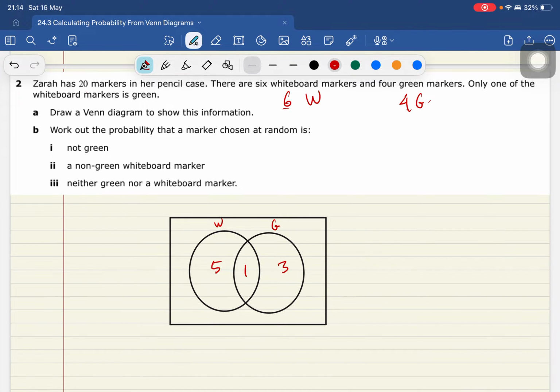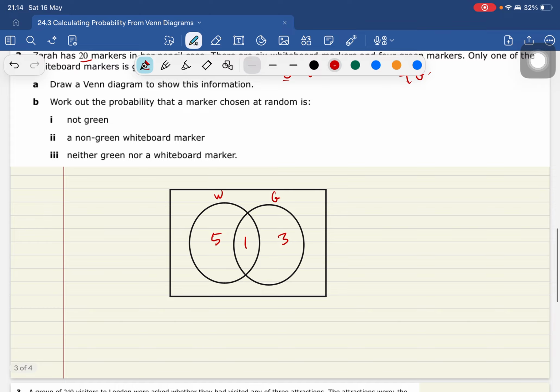We have 20 markers in her pencil case. So what is not whiteboard or green marker? 5 plus 1 plus 3 equals 9. So 20 minus 9 equals 11. So outside is 11. Here is the Venn diagram.